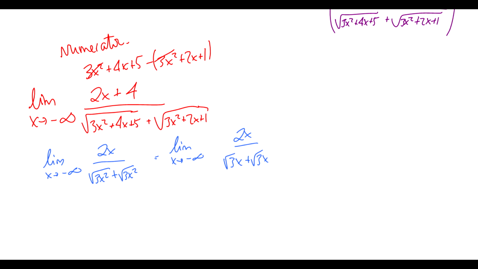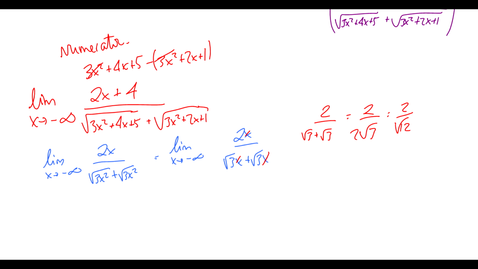Well, actually, I should say this first. We cancel out these x's, so we get 2 over root 3 plus root 3, which is 2 over 2 times root 3, which is 2 over root 12.